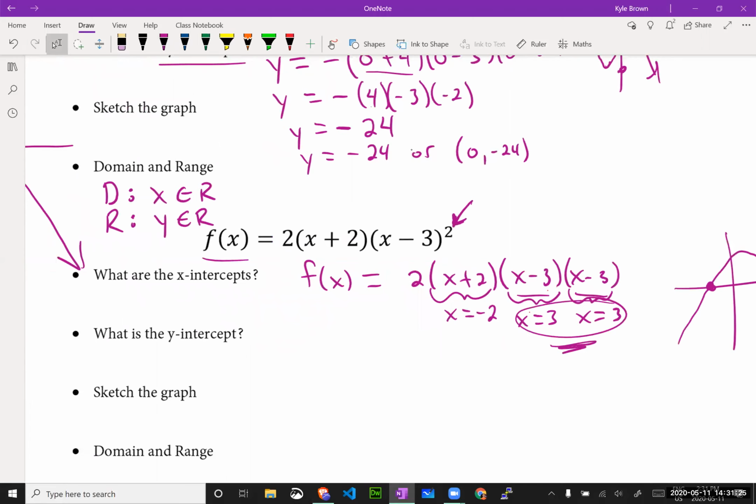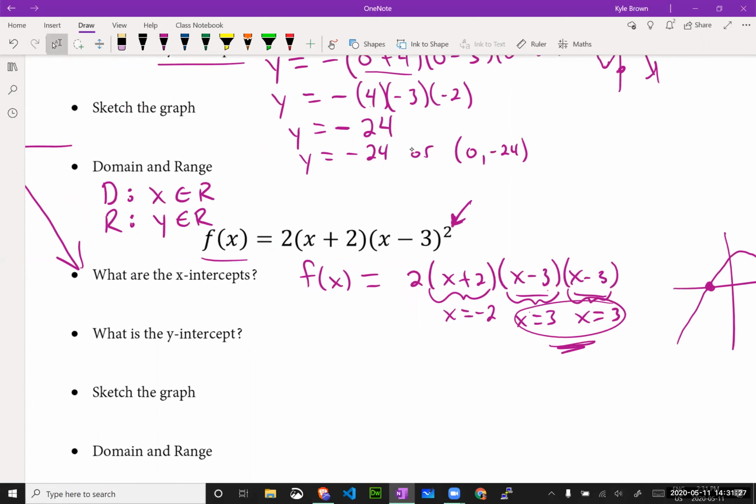All right, what's the y-intercept? So we'll do the same thing as before. We'll say y is equal to 2, and then instead of an x, I'm going to put a 0 in. So 0 plus 2, and then 0 minus 3 squared. So cleaning this up, we got 2 times 0 plus 2 is just 2, and then negative 3 squared.